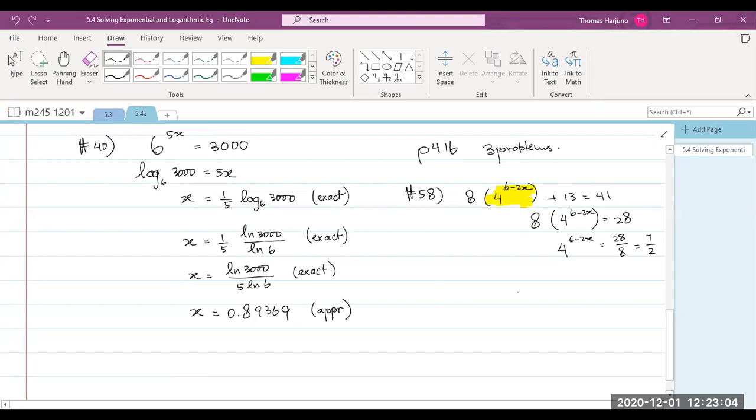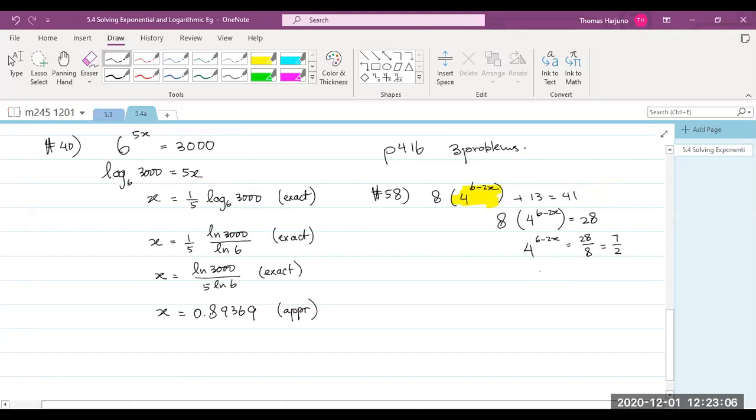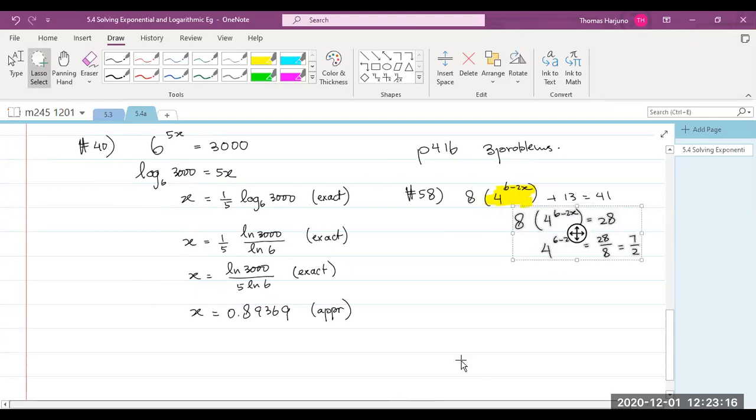Now then apply natural log. What can I do with this? No, actually log base 4. Log base 4 of 7.5, which is 3.5, equals 6 minus 2x.